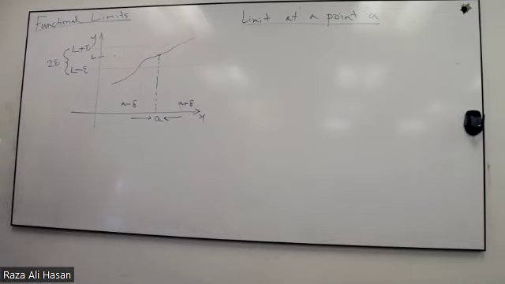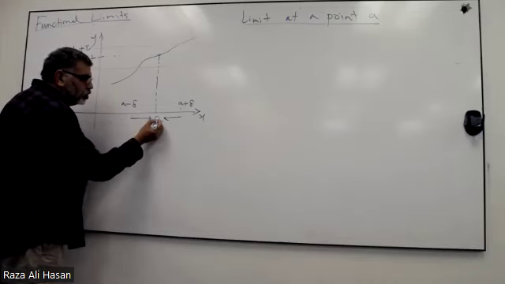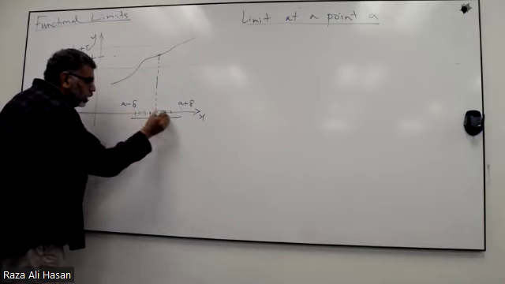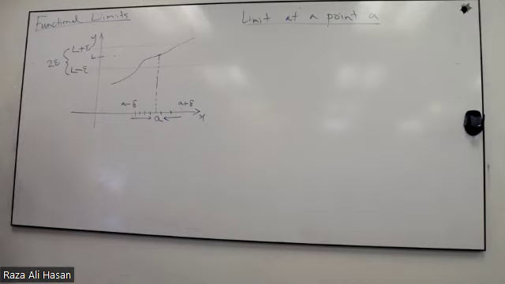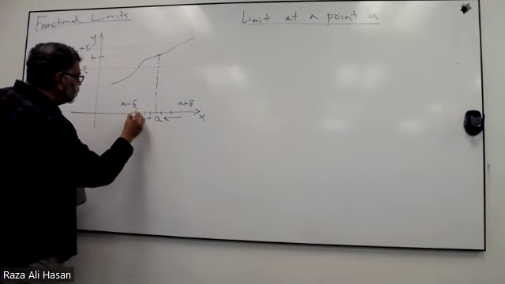Is this width good? If all the values of X that are tending towards A or are close to A, do they fall within this strip here?